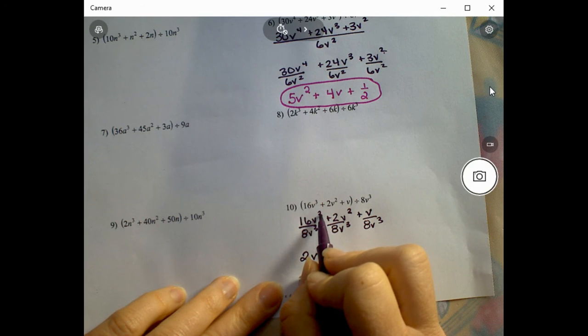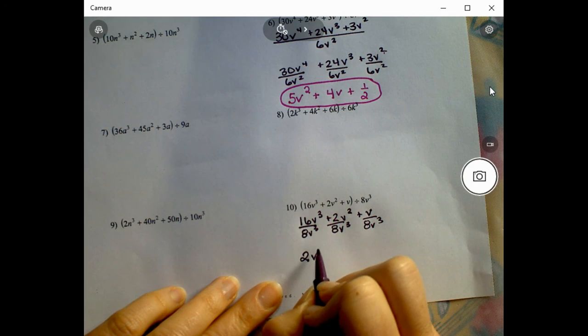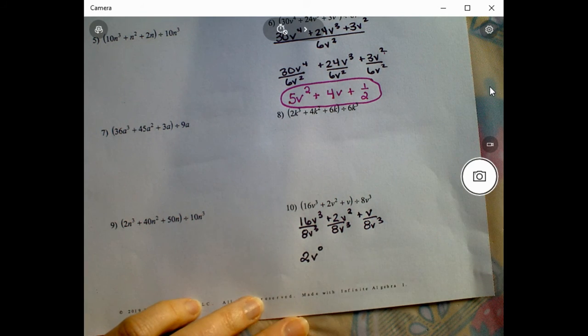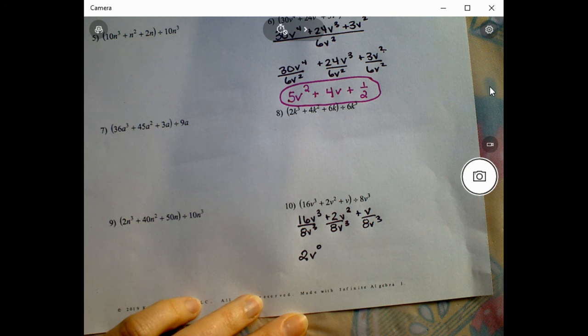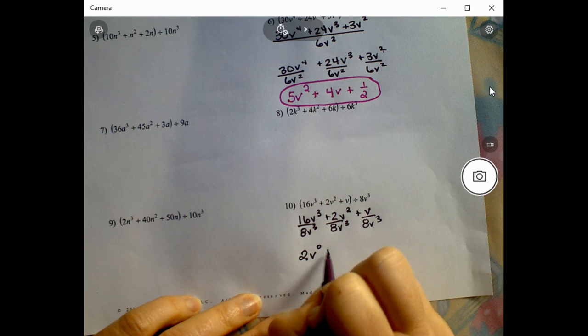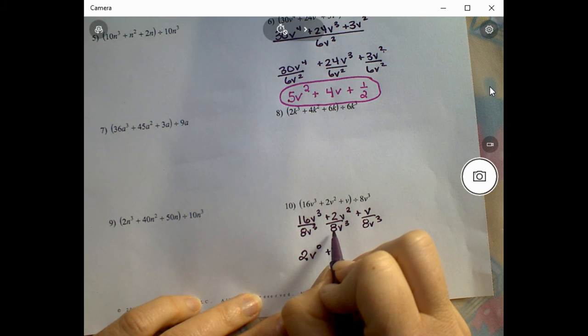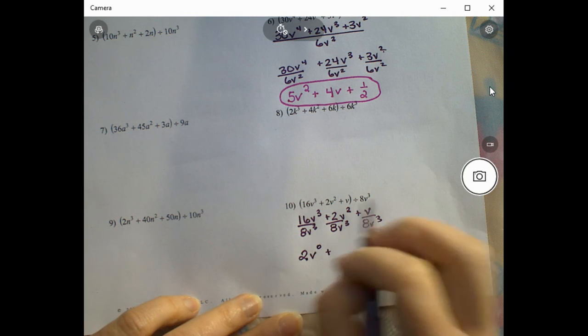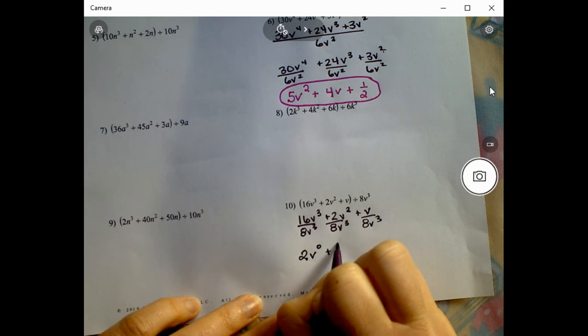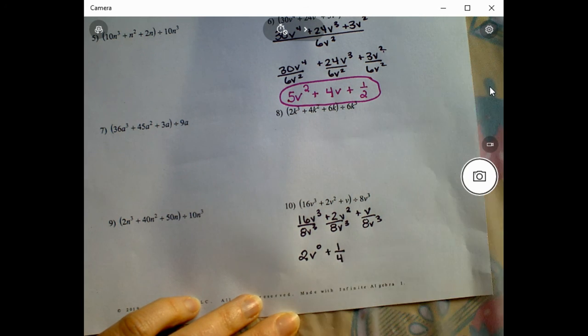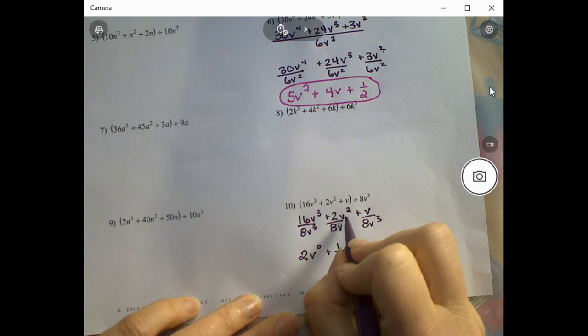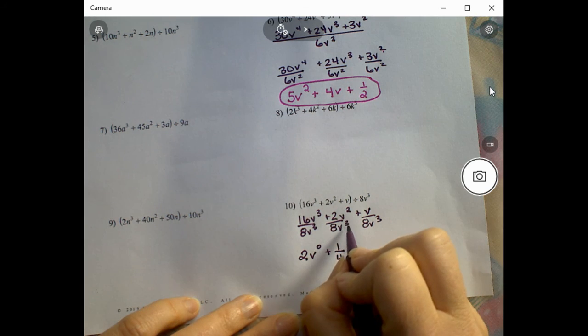We have cubed minus cubed, so v to the 0. I'm going to write it this time, just in case you were confused before. The next one, 2 divided by 8. Well, that does not equal an integer, so we're going to simplify that as 1/4. Okay, we have v squared and v cubed.